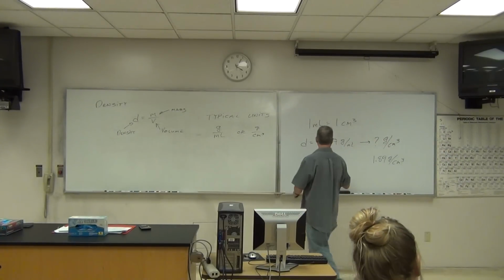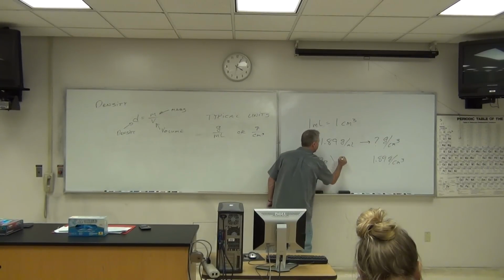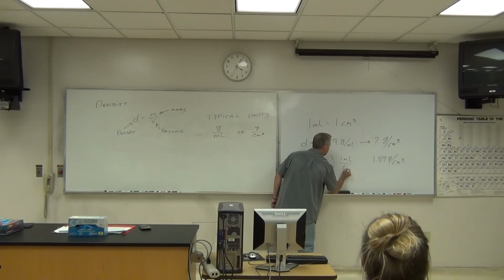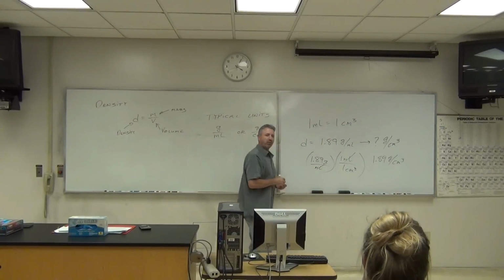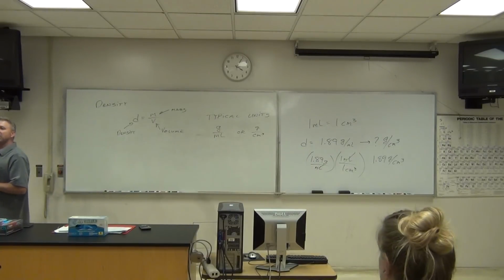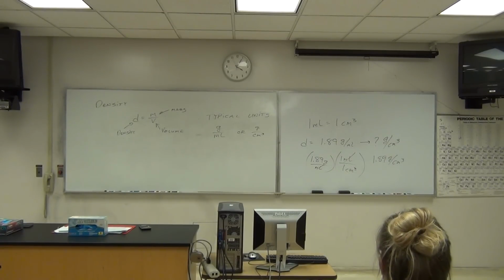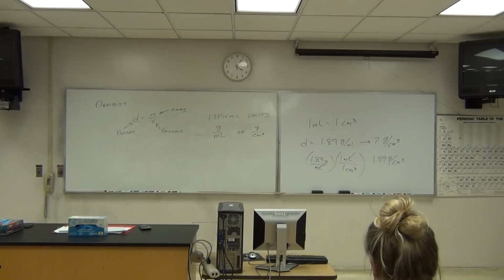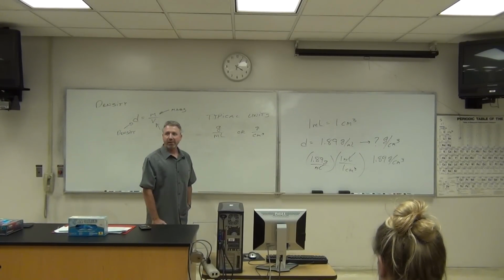Because if we do the unit analysis, we say 1.89 grams per mil, and we use our conversion, 1 mil is 1 cubic centimeter. Our milliliters cancel out, and we end up with grams per cubic centimeter. It's the same numerical value. You can just change the units. Sometimes that fact can be very valuable to you under certain circumstances. Okay? Everybody see?